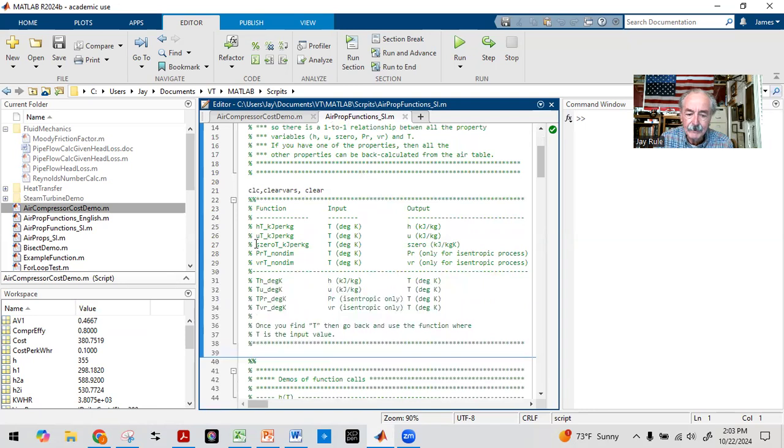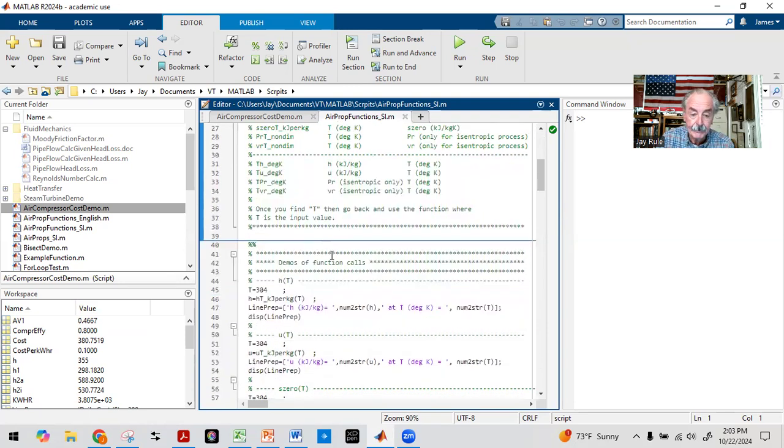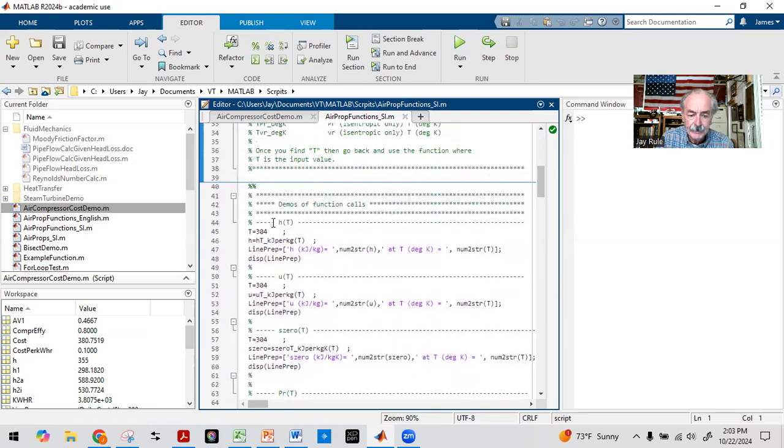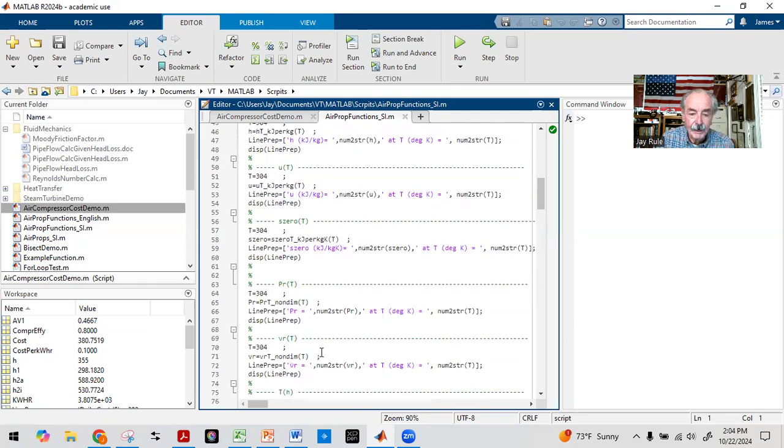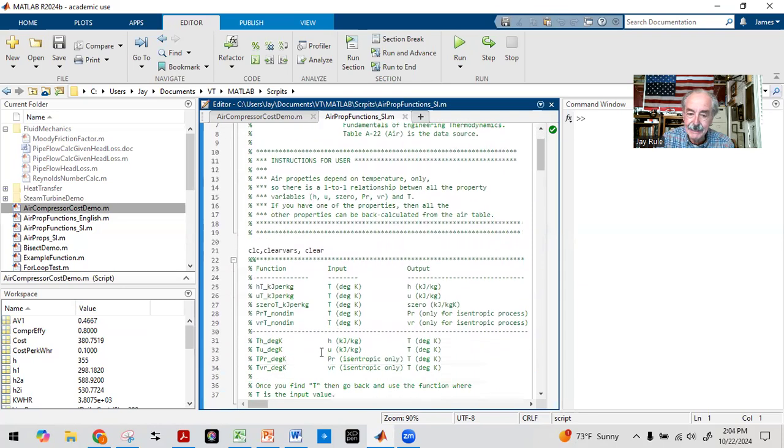Here is the list of functions available to us in MATLAB that I've created for myself and for you to share. Remember the demo file, these were demos of how to call the various functions available in MATLAB created by the user, me. All right, so this was our basic demo file.